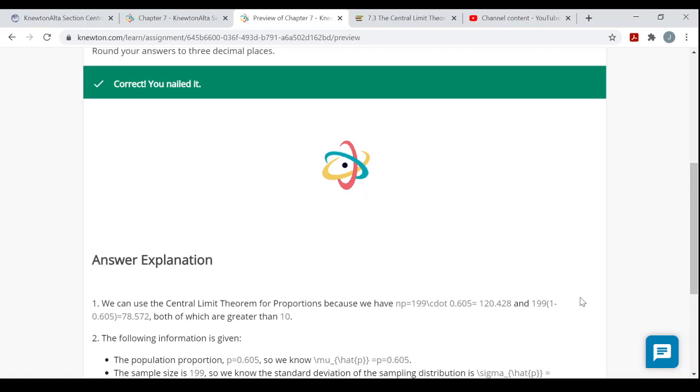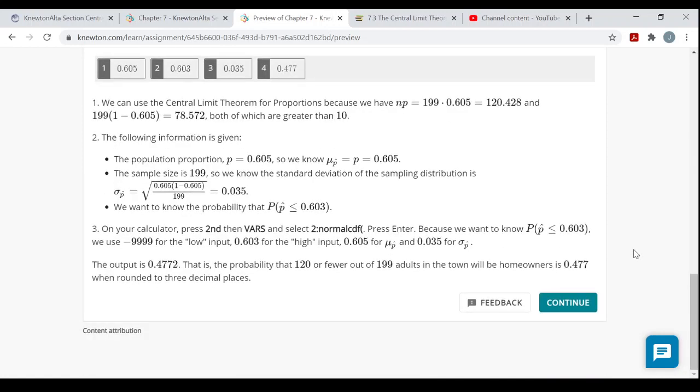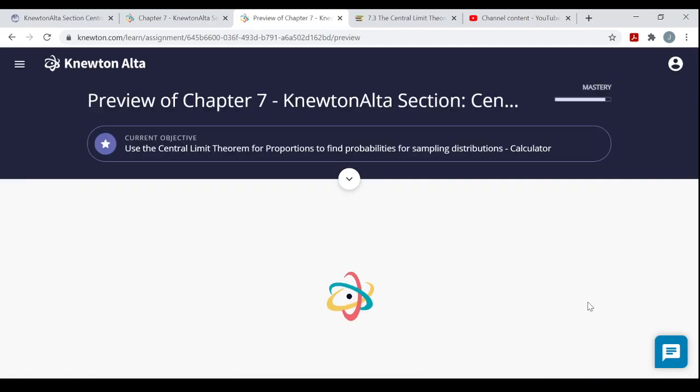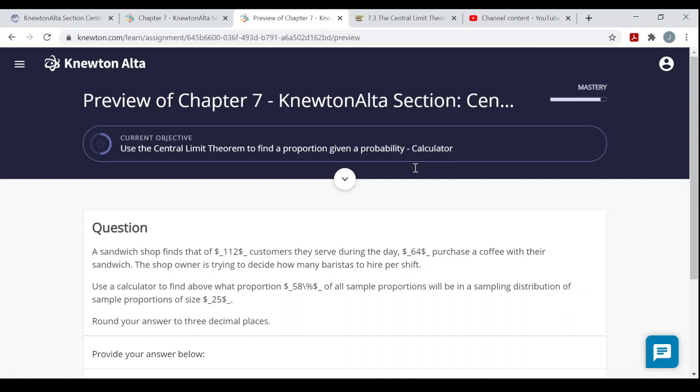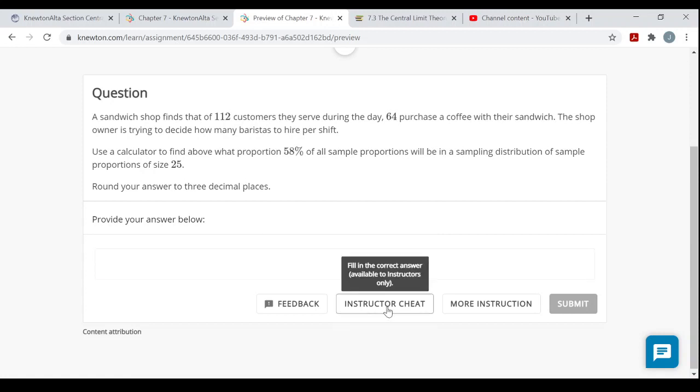And use the answers rounded to 3 decimal places in your calculations with the calculator. That'll probably get you the answers they want. And it looks like I got a couple more here where you're given an area, finding a value. This is using that inverse norm, and again, pay attention to how many decimal places.